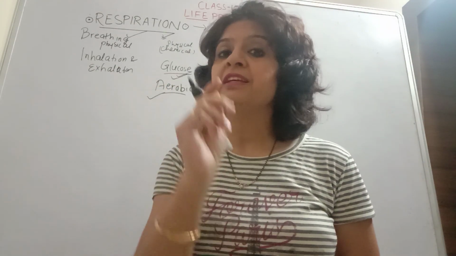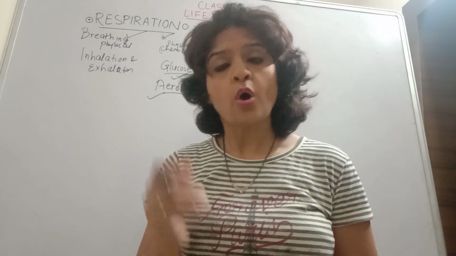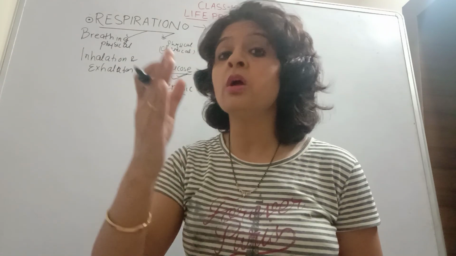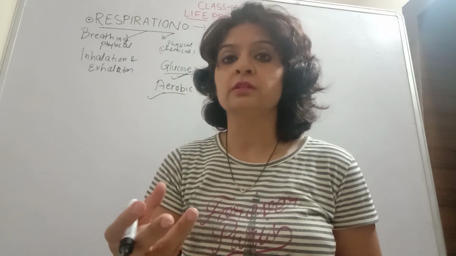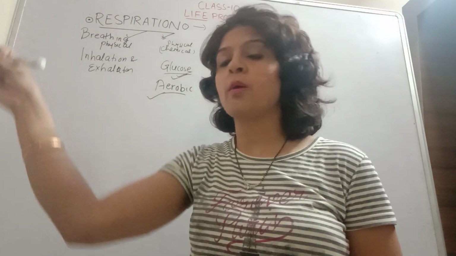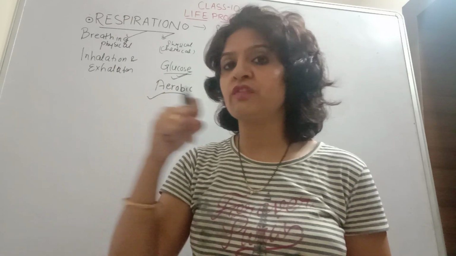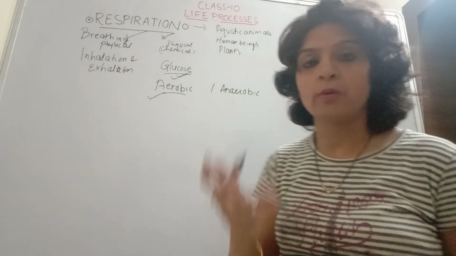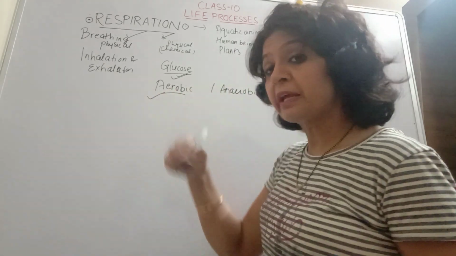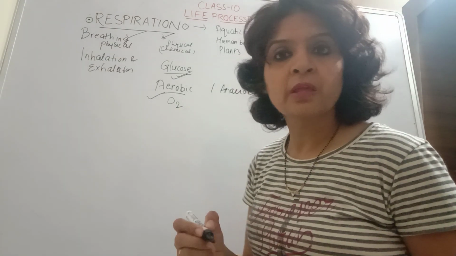But if the respiration takes place in the absence of oxygen, or if the oxygen is present but the body does not need it because it has to make the energy at once, in that case, why go into a complex procedure? Whatever I have, I'll derive the energy from that, and that is the anaerobic form. Getting the energy with the use of oxygen is aerobic.